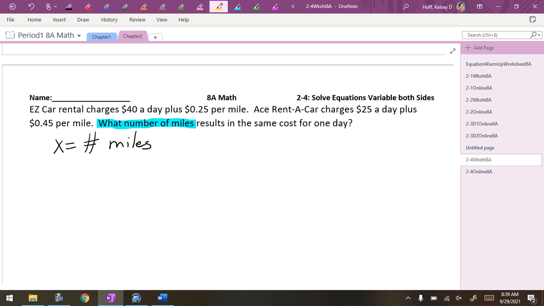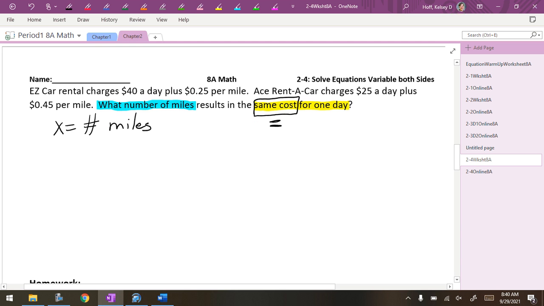Now, the last part of this sentence is what's crucial for us. It says same cost for one day. In math, when it says the word same, what does that mean in math? Equal. Very good. That means the equal sign. So what we're asking here is they want to talk about the two different places.